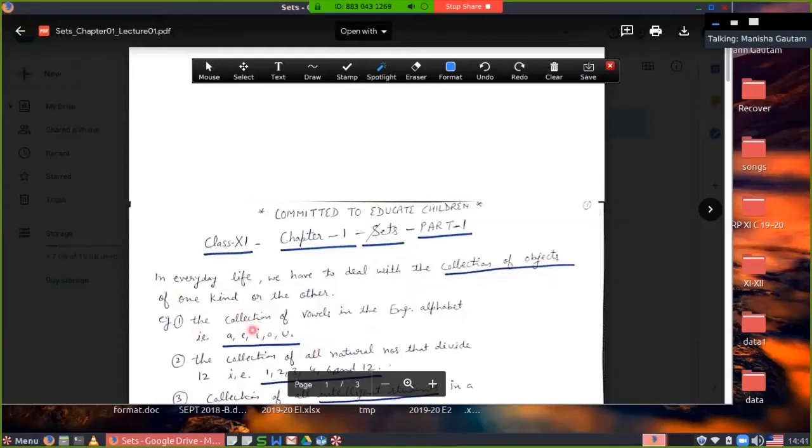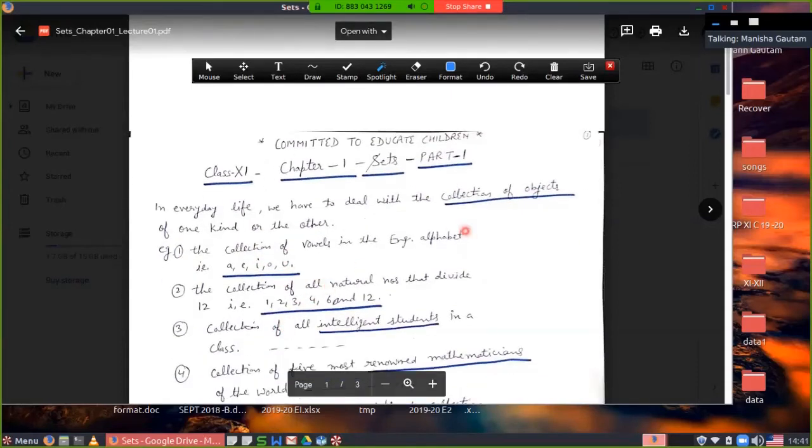Here is the first example: the collection of vowels in the English alphabet. As you know, the English alphabet is A to Z. I have to collect only vowels from here. Those are A, E, I, O, U. Here I have specifically written that vowels we have to collect.